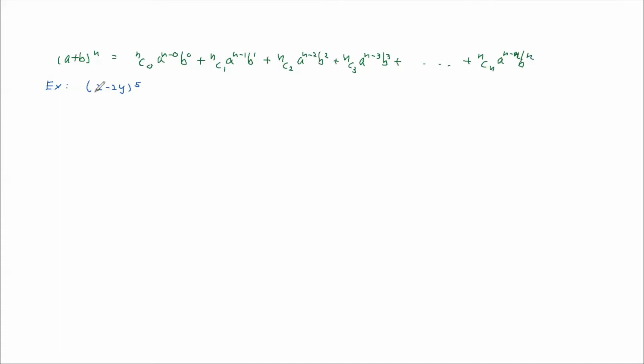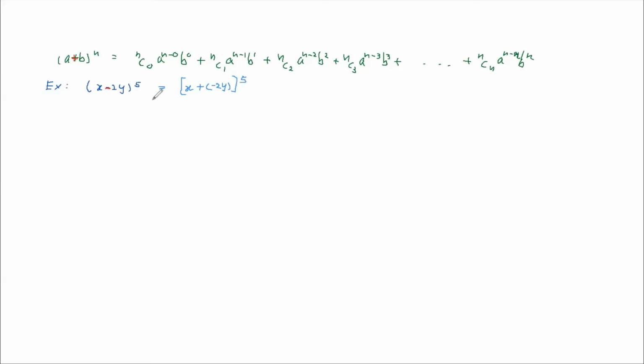From here, take a look. The formula has a plus sign, but now it's a minus sign. So we have to convert to the plus sign according to the formula. So we can write it down as (x plus minus 2y) and the whole thing power 5.